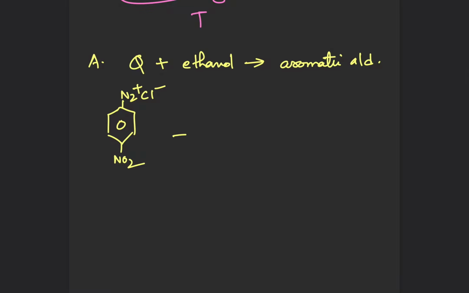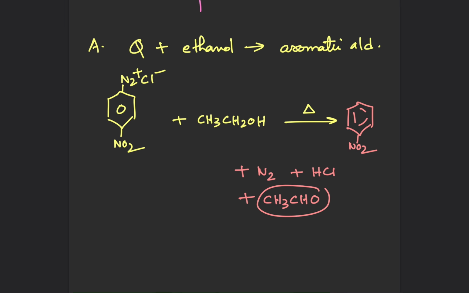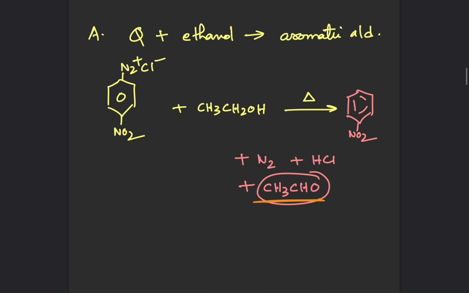So when it reacts with ethanol, that is CH3CH2OH, will be getting nitrobenzene as one of the product, nitrogen gas, HCl, and also will be getting CH3CHO. Okay, so this guy is acetaldehyde, which is an aliphatic aldehyde. Okay, the option says that Q on treatment with ethanol will generate an aromatic aldehyde, so which is incorrect.